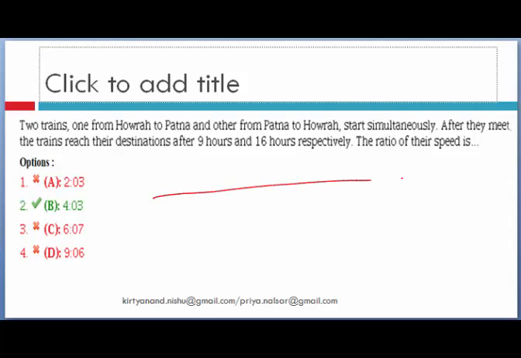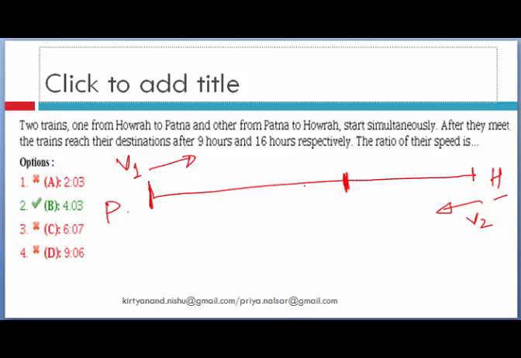So what the question is asking you to do is that there are 2 trains departing from Patna and Howrah at the same time, and let us say this train which leaves Patna starts off at a velocity of v1, this starts at a velocity of v2, they meet somewhere here.